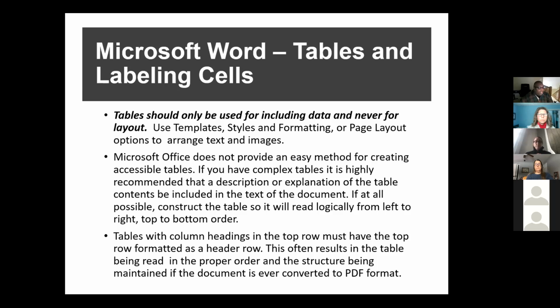But tables with column headings in the top row must have a top row formatted as a header row to identify the point of emphasis when it comes to rows and columns. So it's definitely important. This often results in the table being read in the proper order and structure being maintained if the document is ever converted to a PDF format. So very important. And as an alternative to tables, it is highly recommended to use lists if you can, as lists are, compared to tables, easier to manage.